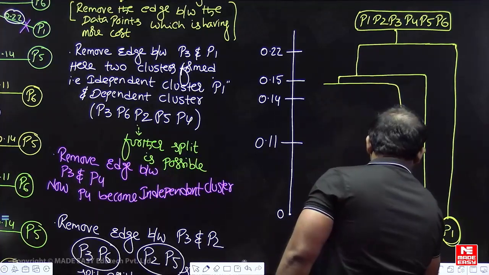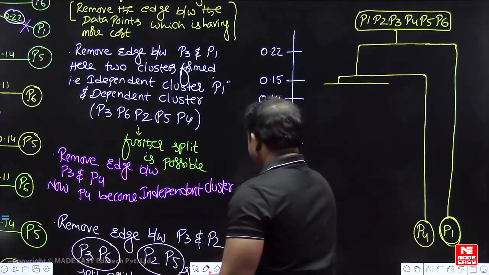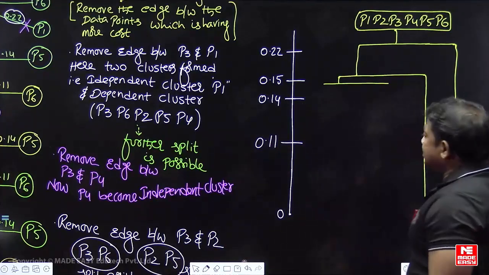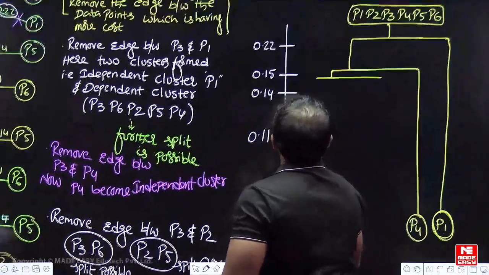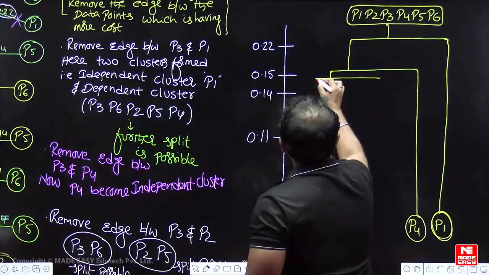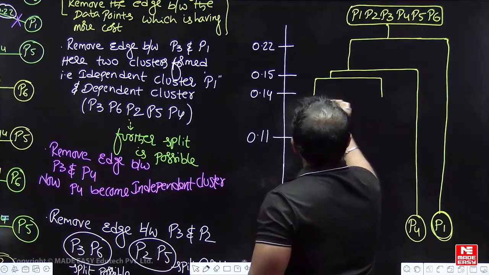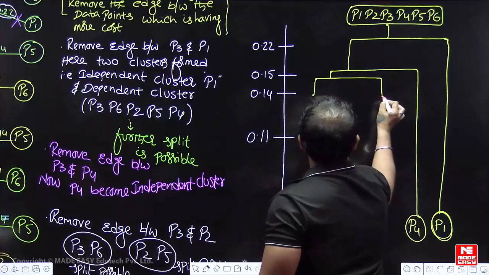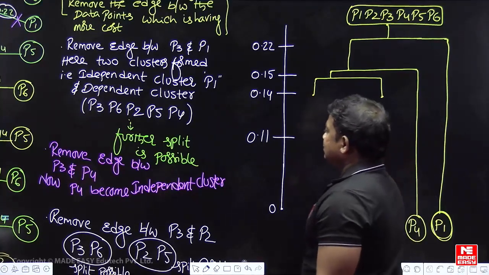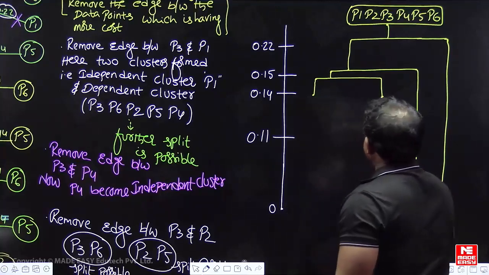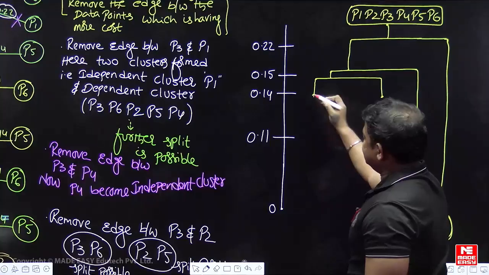At the same time, again we are dividing this into two parts. What are the two parts? P3, P6 and P2, P5. So here we have two branches, P2, P5 and P3, P6.